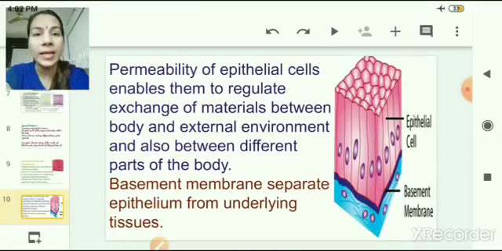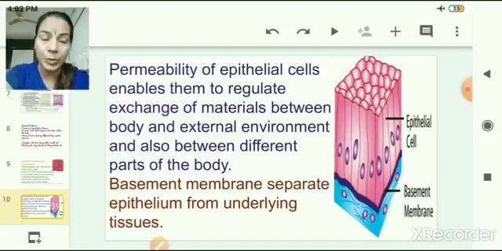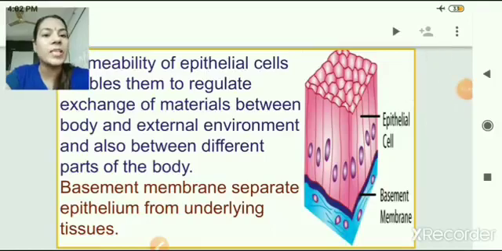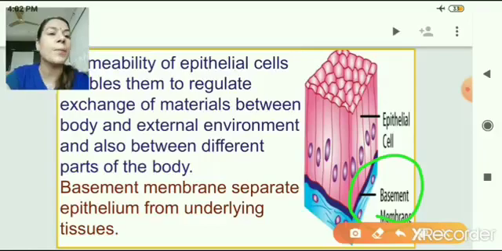You can understand it like this: if below epithelial tissues there is some other kind of tissue, that tissue will be separated from epithelial tissue by a layer of basement membrane. You can see in this diagram that a basement membrane is present here, which is separating the epithelial cells from other tissues.